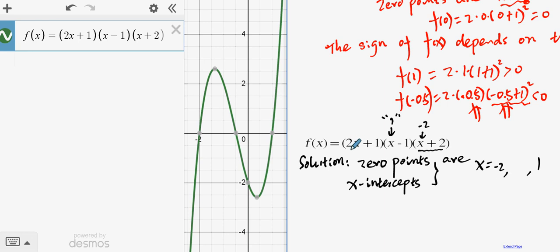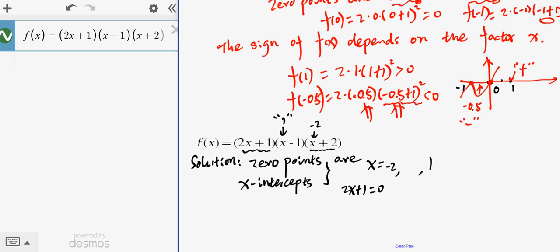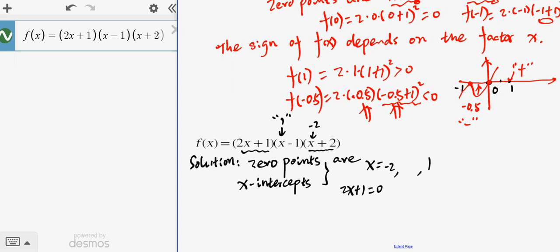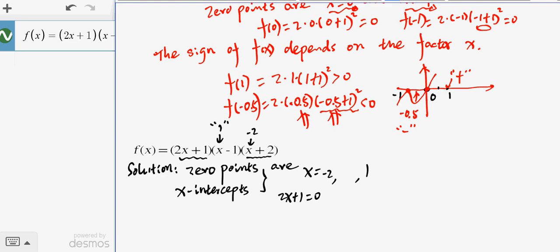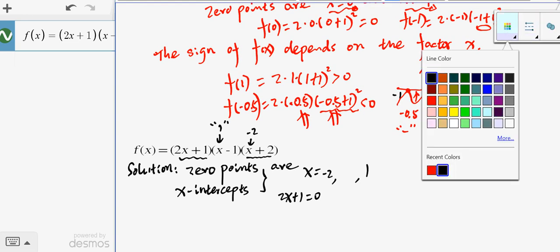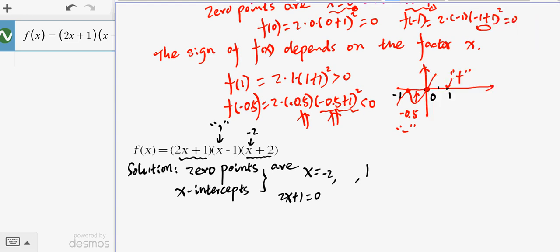Okay. How about from this factor? If 2x plus 1 is 0, then what value would x be? Let me change the color. So you subtract 1 on both sides.